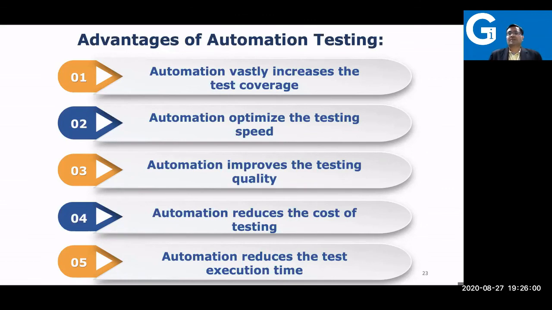In that case, the recommendation is you should go for automation testing. Why? Because this is a very huge project, and if you try to do it manually, it is going to take a lot of time and a lot of human manpower. So to reduce the manpower, you may go for automation testing.